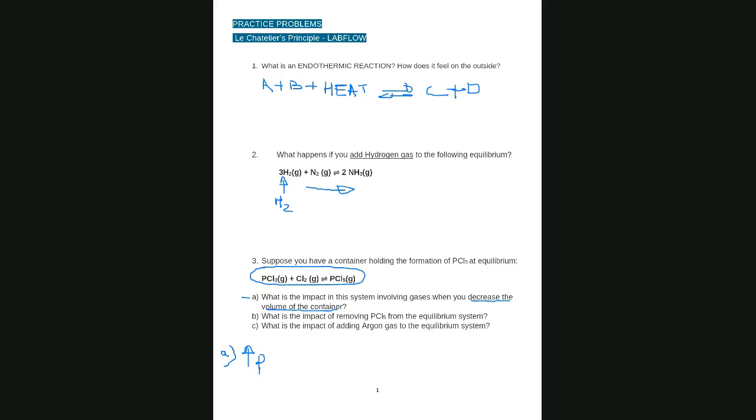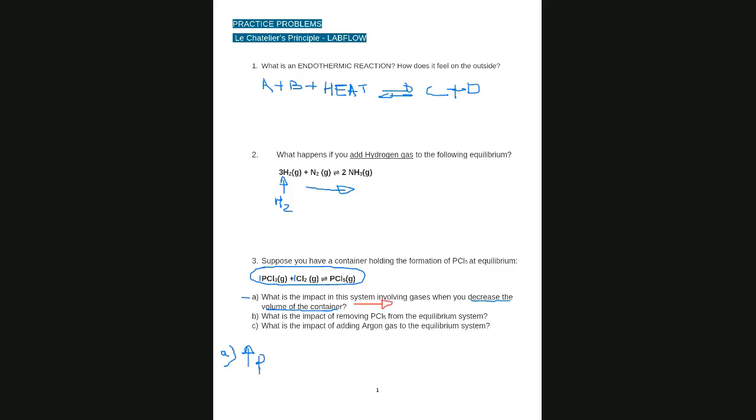The reactant side has 2 moles, one of these and one of these, and the product side has only 1. So increasing the overall pressure by changing to a smaller container shifts the equilibrium towards the product side. So the answer will be the right. Any questions so far?